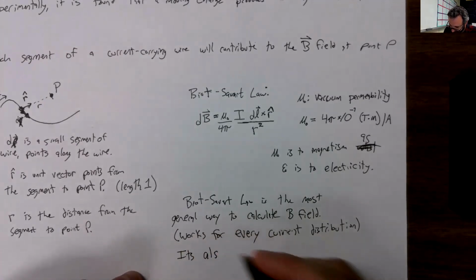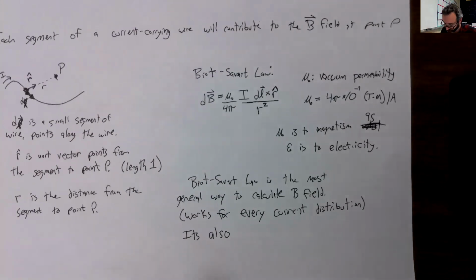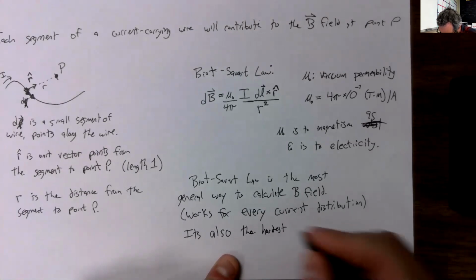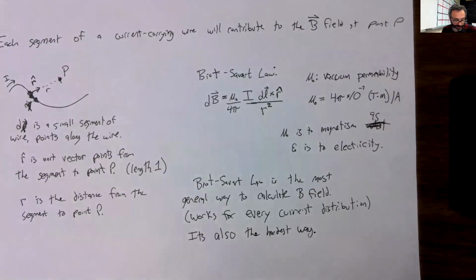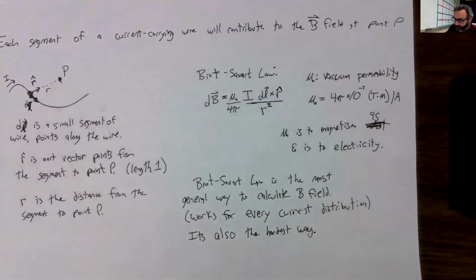So we're going to try to find easier ways when we're looking at more symmetric things to get our magnetic field from. That's why I'm not going to focus too much on using the Biot-Savart Law and doing the integrals. When you get into doing this in college, you'll have plenty of time to do that.